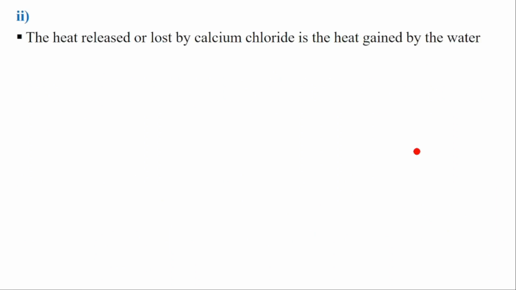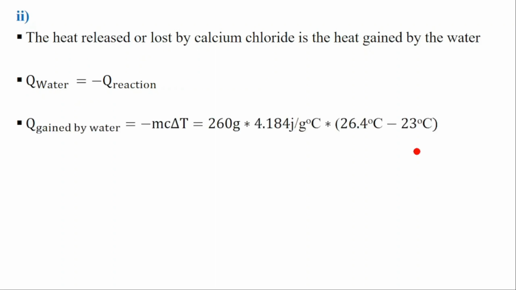Now let's go to II, where we have to calculate the heat. The heat gained by the water will be equal to minus the heat of reaction, the heat lost by the salt. If you are dissolving the salt into the water and the temperature is increasing, that means the heat the water has absorbed to increase its temperature is equal to the heat lost by the salt.